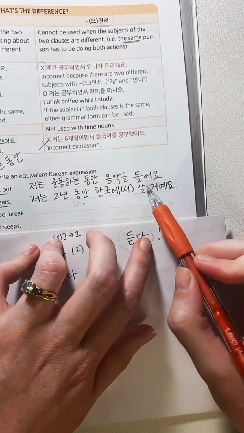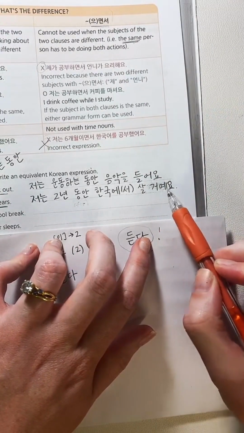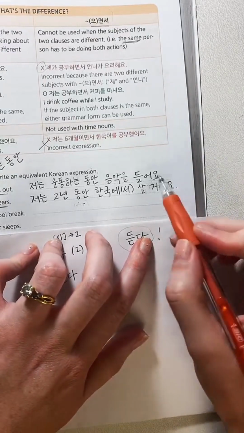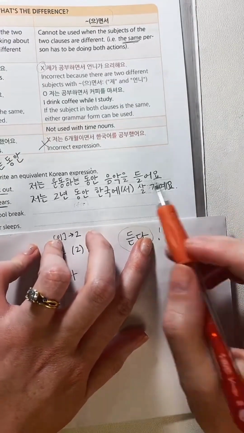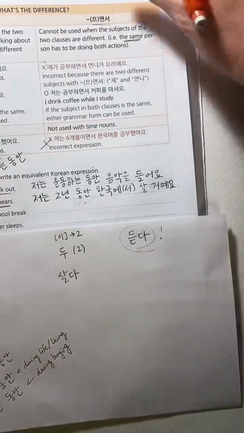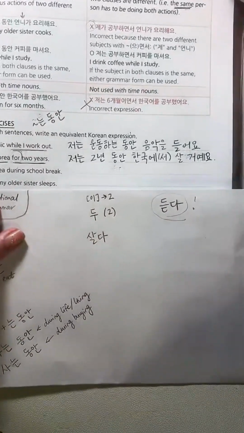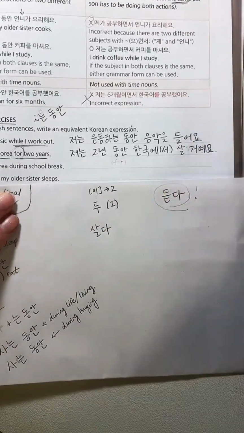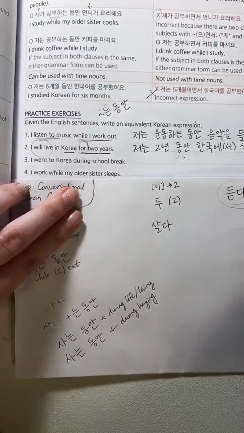It's good to have a little space here between the verb and 거예요. A lot of people will write it all as one word, but technically you should have a little space here to make your writing really neat and all perfectly good. Have a little space here. Thank you. All right.